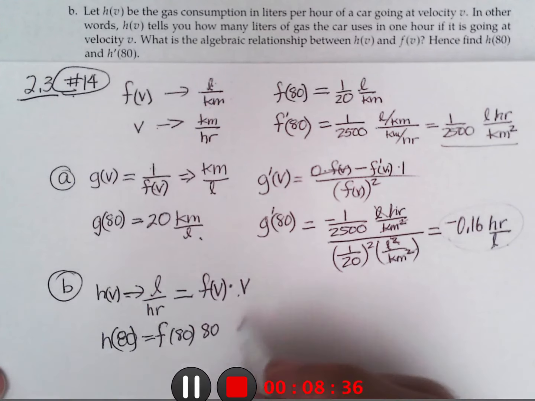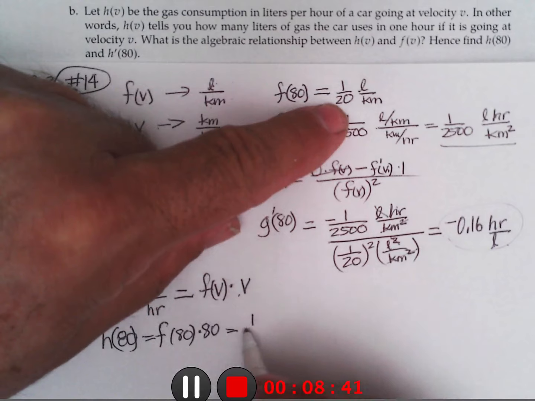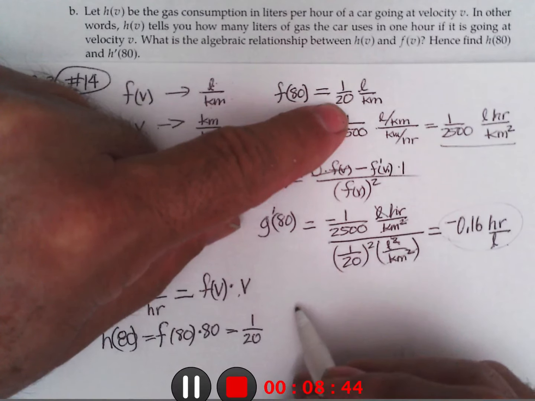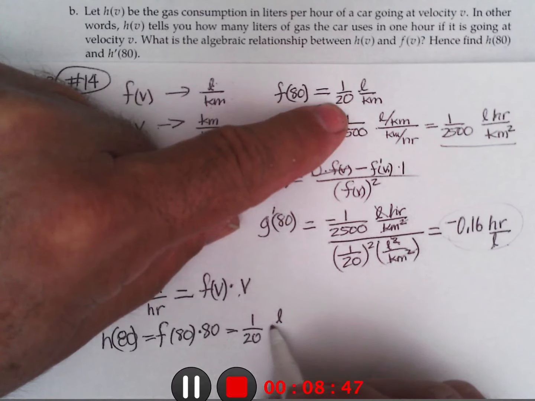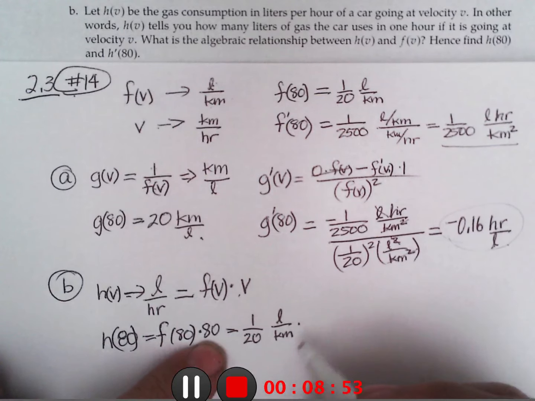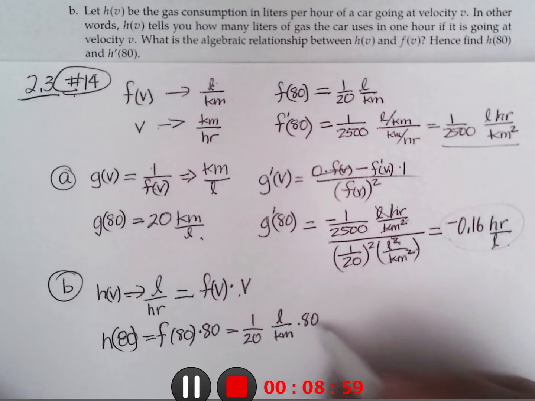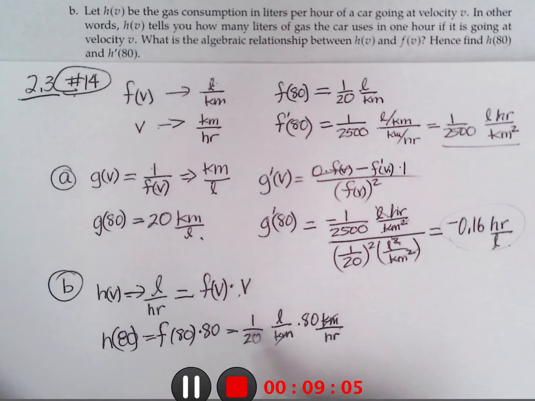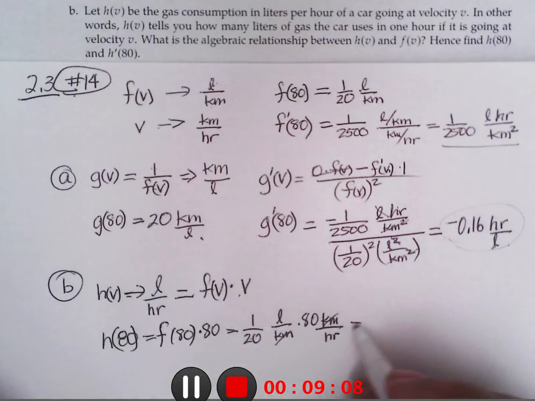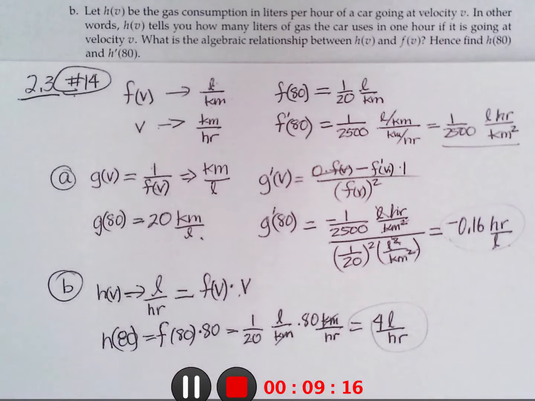F of 80 is 1/20th liter per kilometer times 80 kilometers per hour. Kilometers cancel, and we get 80 divided by 20, which is 4 liters per hour. So you're going to burn up 4 liters every hour of driving.